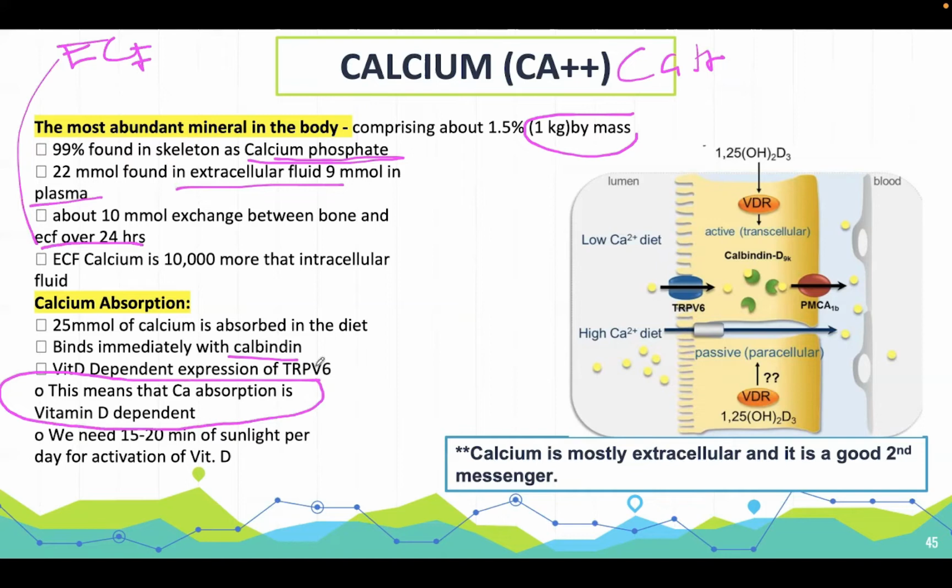We need 15 to 20 minutes of sunlight per day for the activation of your vitamin D. Calcium is needed for the stability and the growth of your bones. So your calcium is mostly extracellular and it is a good second messenger, sabi po dito.